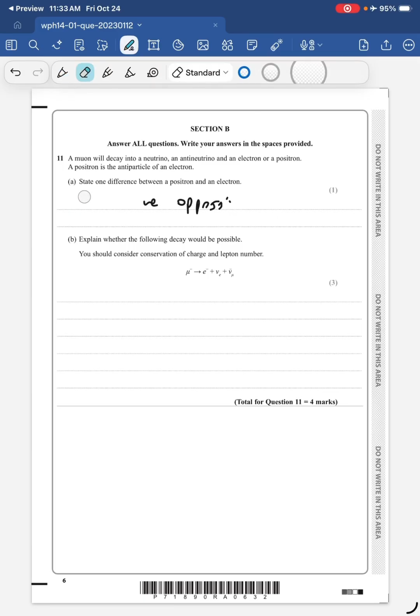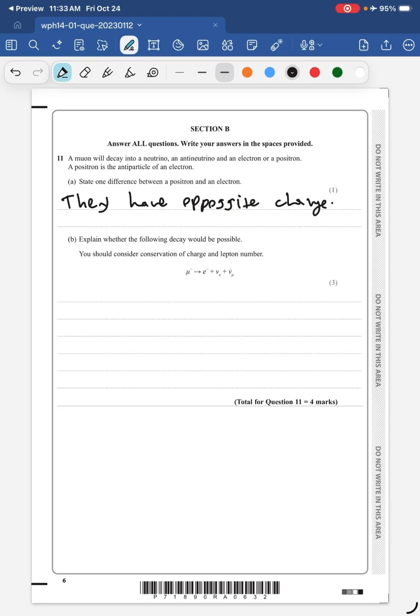My handwriting is horrible, I'm sorry. So they have opposite charges. And specifically the electron has a charge of minus e and the positron has a charge of plus e.